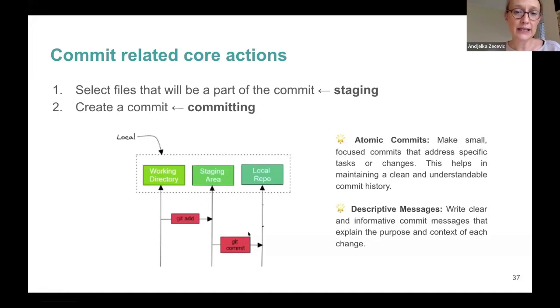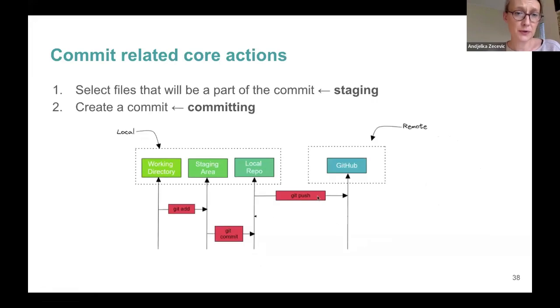And if we would like to contribute the change globally, we need to push our local commit to the official GitHub repository. So again, we have that push magic word that connects the local representation and the remote representation of the repository.